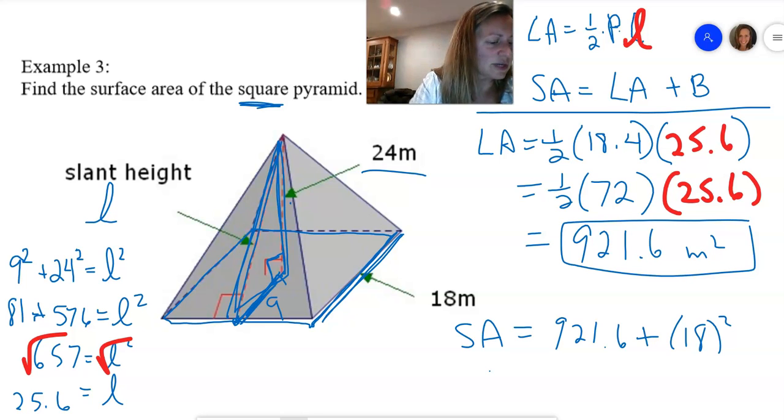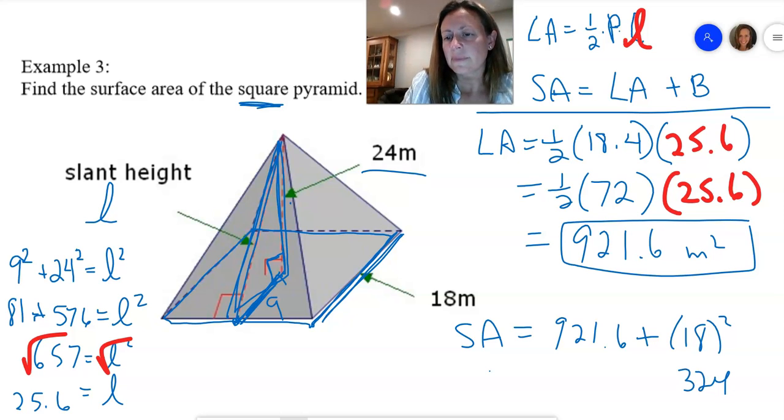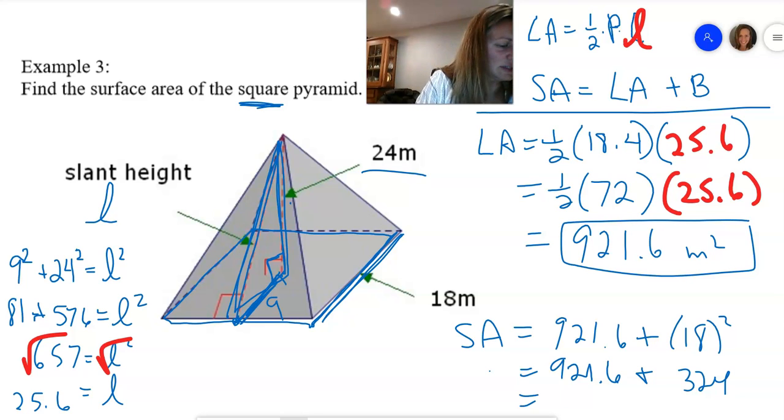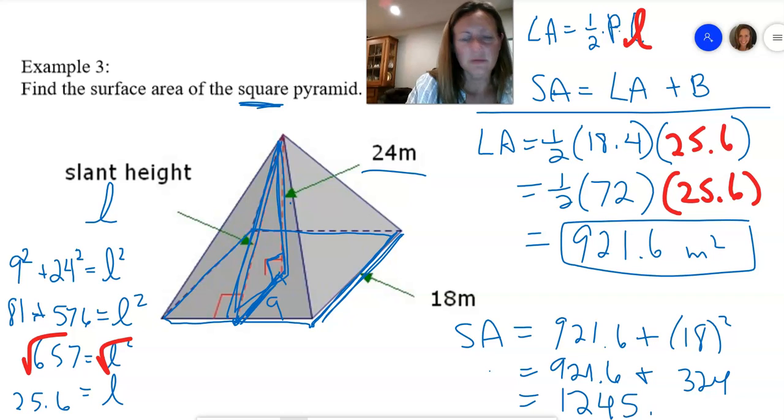So 18 squared is 324. So 324 plus 921.6 gives us a final answer of 1245.6 meters squared. That's our complete surface area of the entire figure.